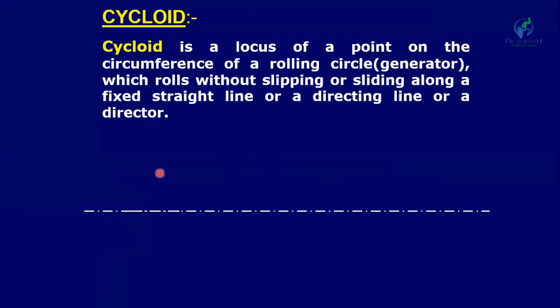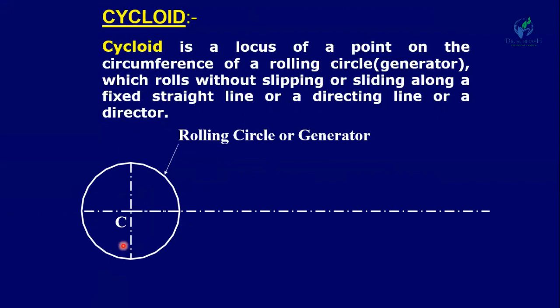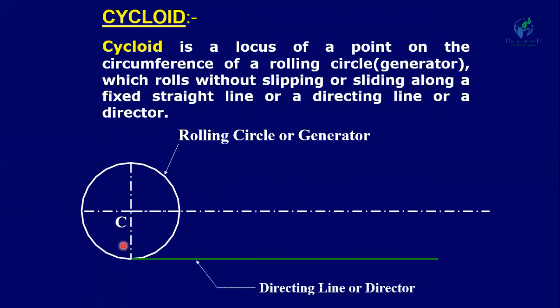Now let us see here. See the center and one circle is there. This circle is known as the rolling circle or generator because it is generating a curve. Here you can see the directing line or director, because it directs the rolling circle.